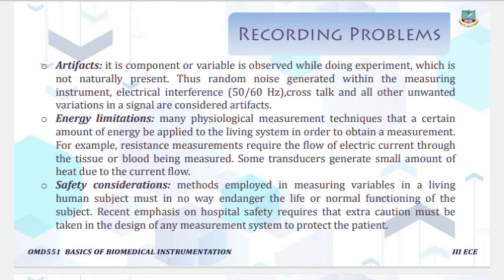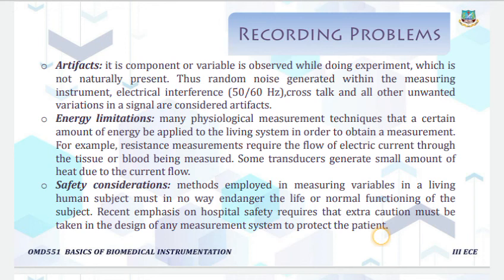Random noise generated in the measuring instrument, electrical interference, crosstalk, and all other unwanted variations in a signal are considered as artifacts. If we are measuring, the measuring instrument also generates some noise or other issues. Due to this, there will be some noise generated. This is called artifacts. Then energy limitation.